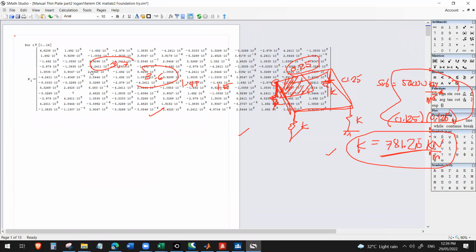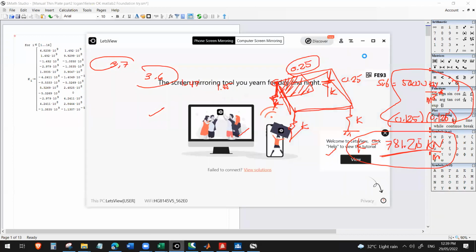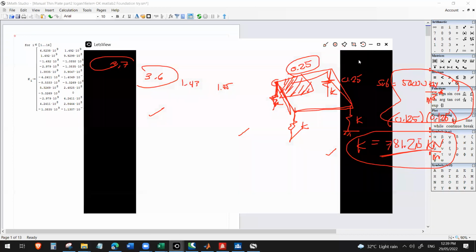Okay, I'll just try it later. Anyway, once you paste it here, let me share my screen.